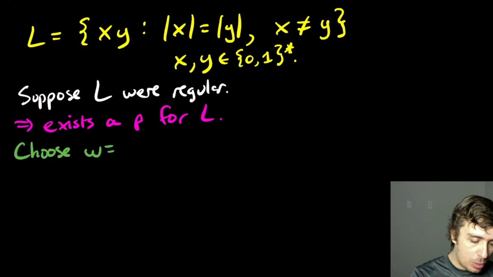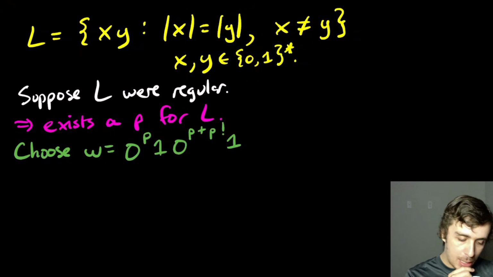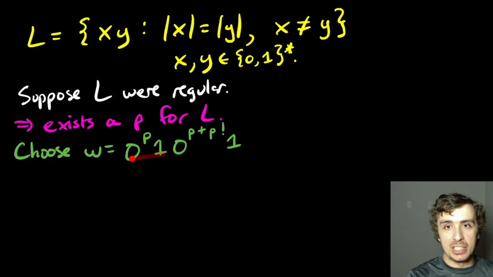So it's going to be 0 to the p, 1, 0 to the p plus p factorial, 1. And let's see, the two halves are obviously not the same.